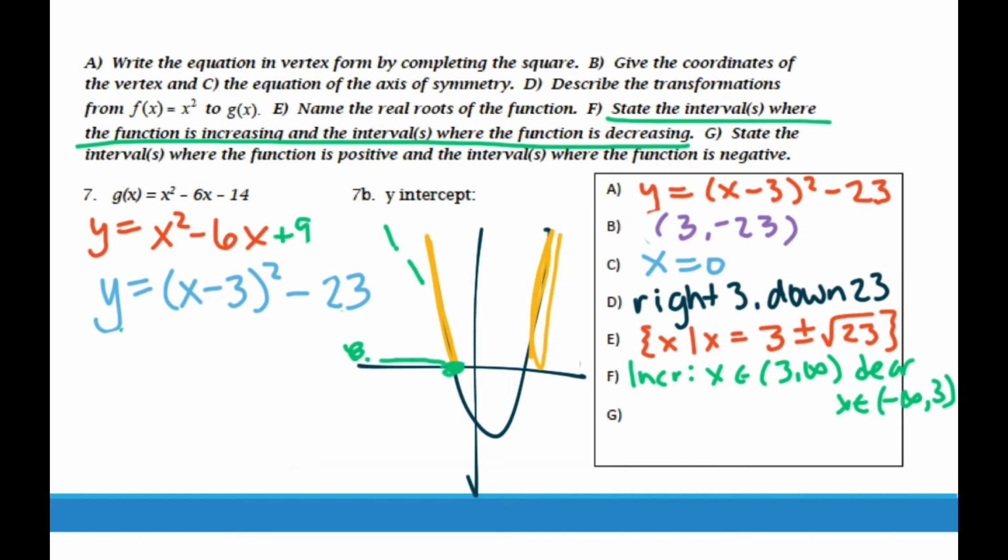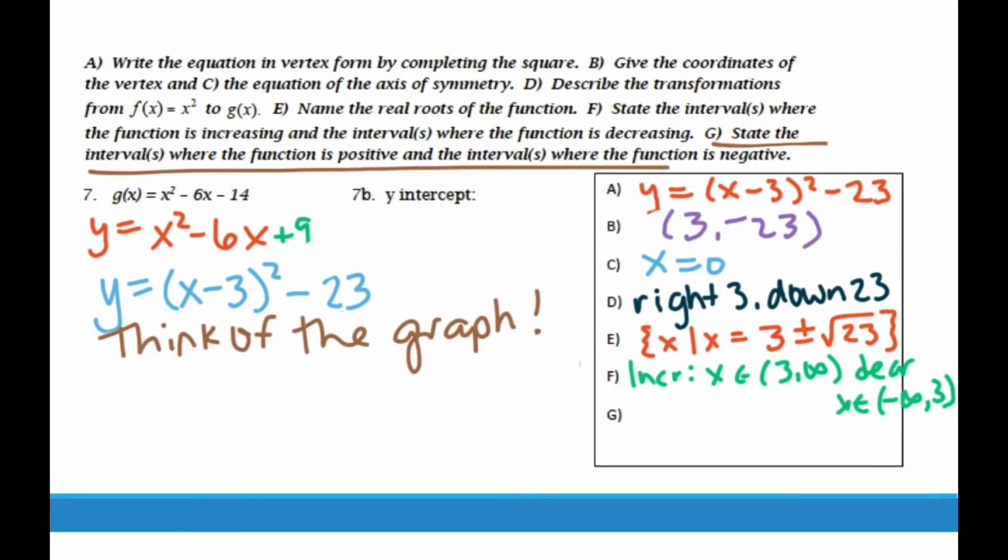And then it's negative until I get to this point, and then it starts being positive again. So my positive interval is from negative infinity until this x-intercept right there, and that's going to be 3 minus the square root of 23. And then it's going to pick up again at 3 plus the square root of 23, all the way until I get to infinity.